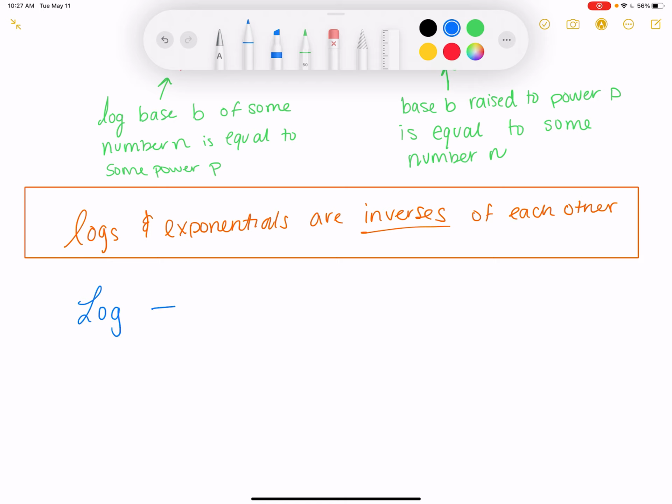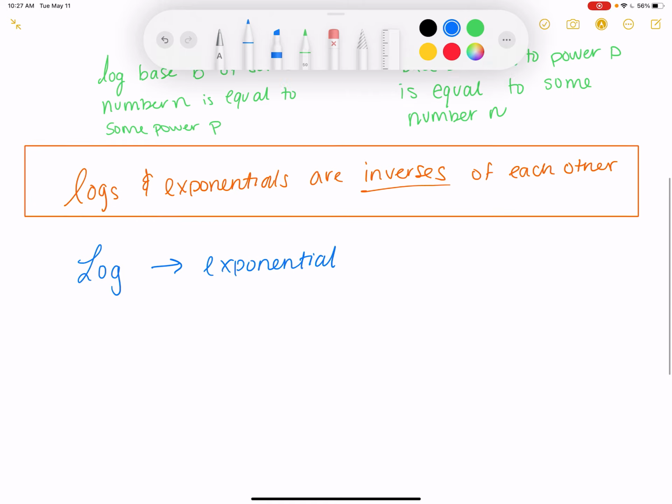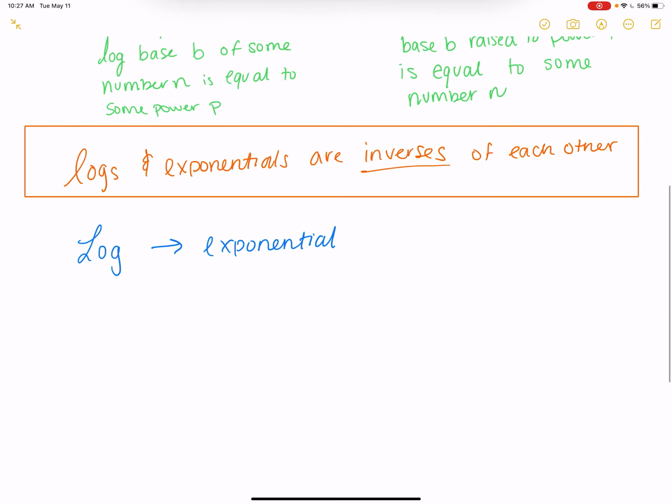Log to exponential. Skip a couple lines, like 2 or 3 lines, and then write log base b of some number n is equal to some power p. Over here we're going to go exponential to log.